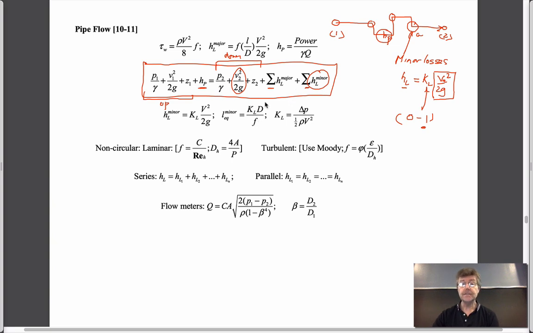The major losses, even though incrementally they're quite small, come from losses due to friction on the walls of the pipe. So the major losses are all of the things that we've been talking about related to the friction losses. We've talked about the velocity profile that comes out of this, which looks something like this.